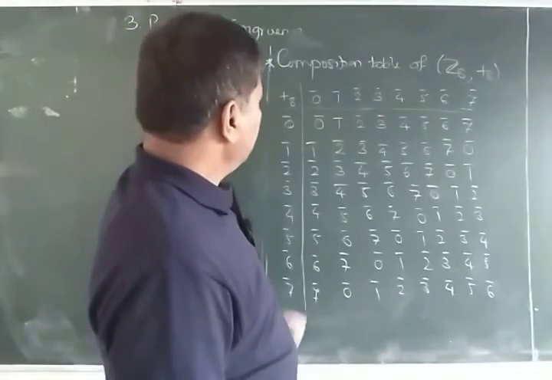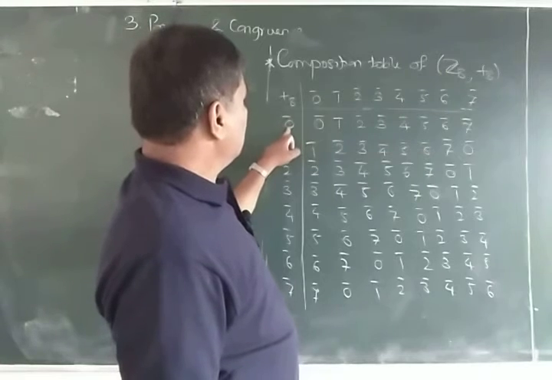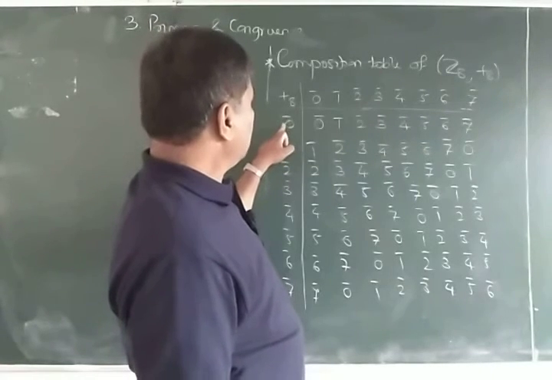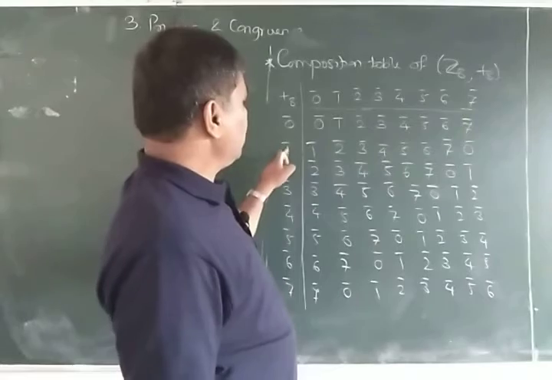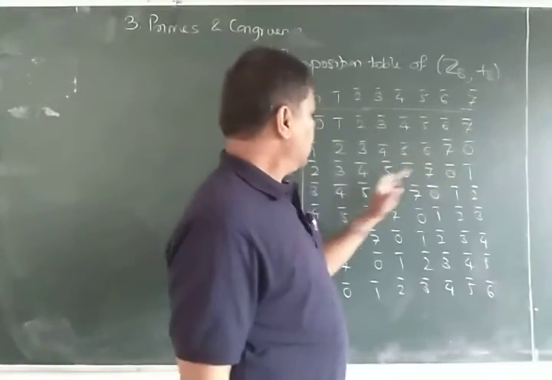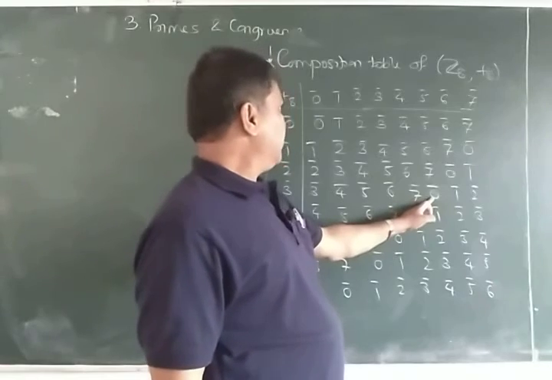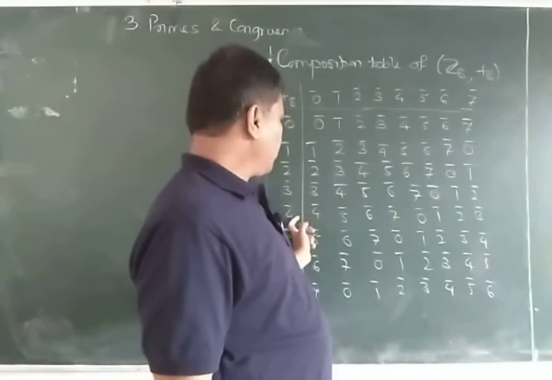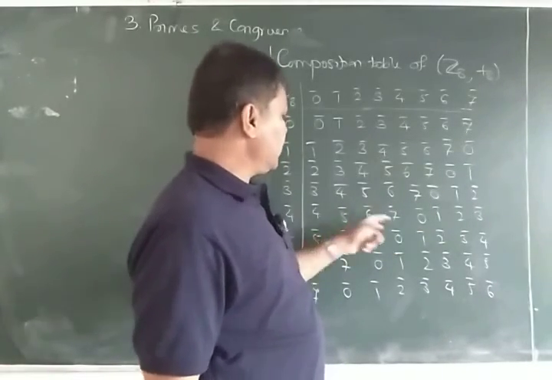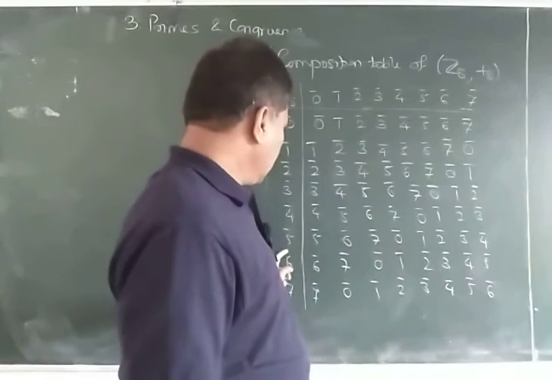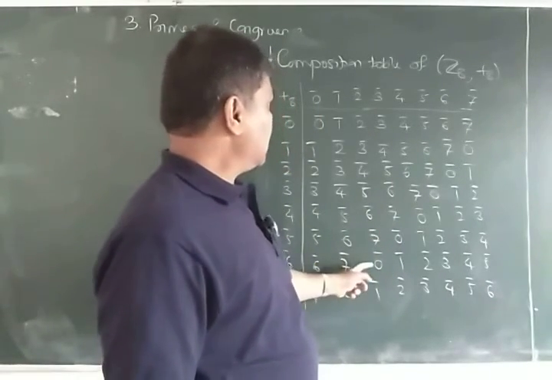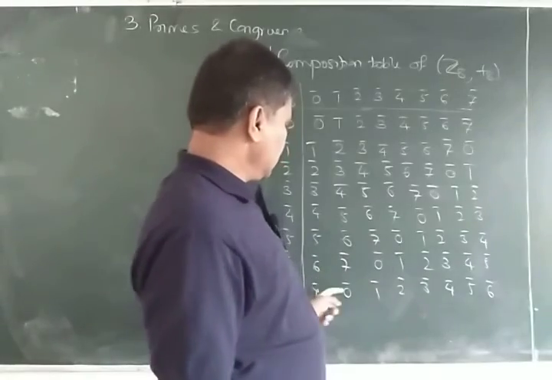Then what will be the additive inverses? The additive inverse of 0 bar is 0 bar. The additive inverse of 1 bar is 7 bar. Of 2 bar is 6. Of 3 is 5. Of 4 is 4. Of 5 is 3. Of 6 is 2 and of 7 is 1.